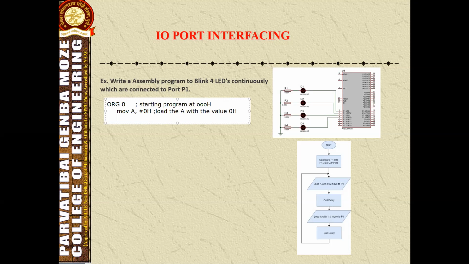Then what we have to do: MOV P1, A. We are using the P1 port. So now we are moving the value contained in A into P1. Now A has 00H, and that value is moving into P1. So now P1 has a low signal.